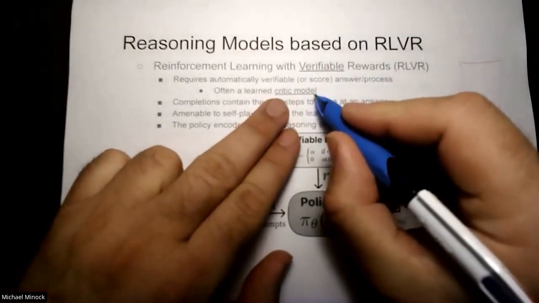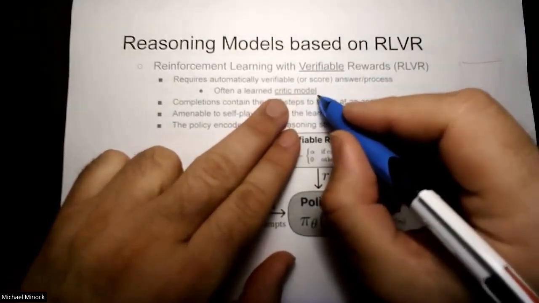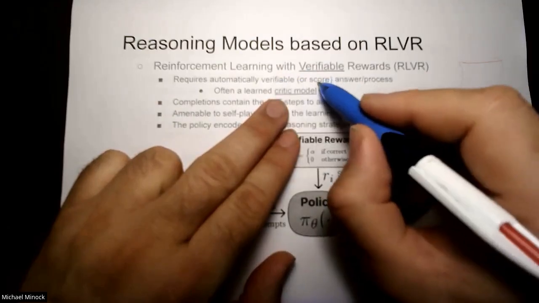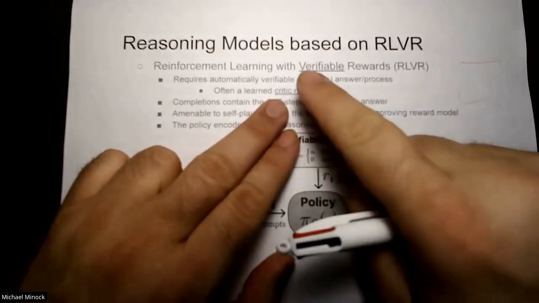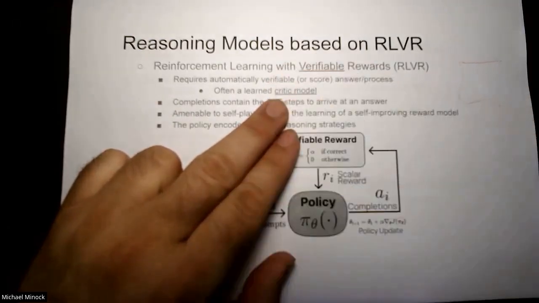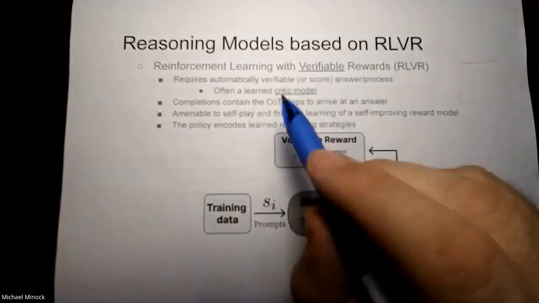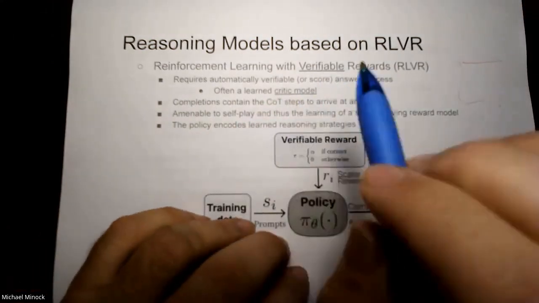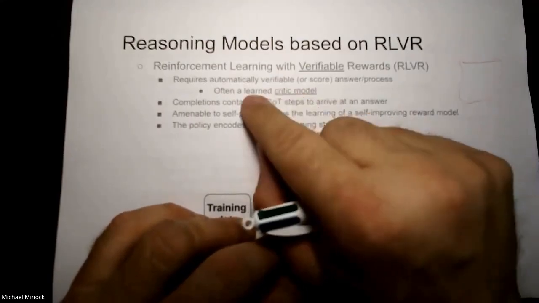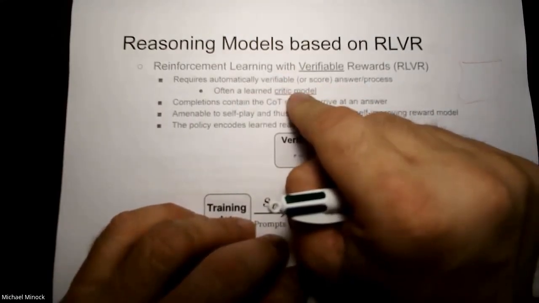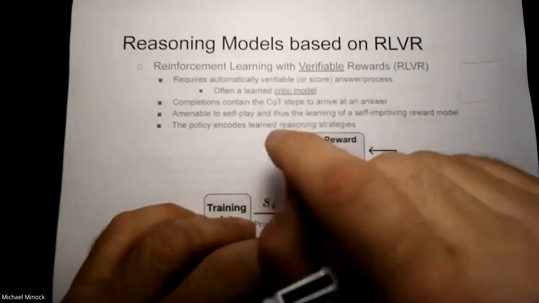We can have a critic model with things that are verifiable or scored, or we can check the format of how the reasoning is going and give it little rewards for that. But we develop a critic model, and sometimes this critic model is learned, and as we'll see in the DeepSeek work, we don't need a critic model. We get away with just a way of scoring.